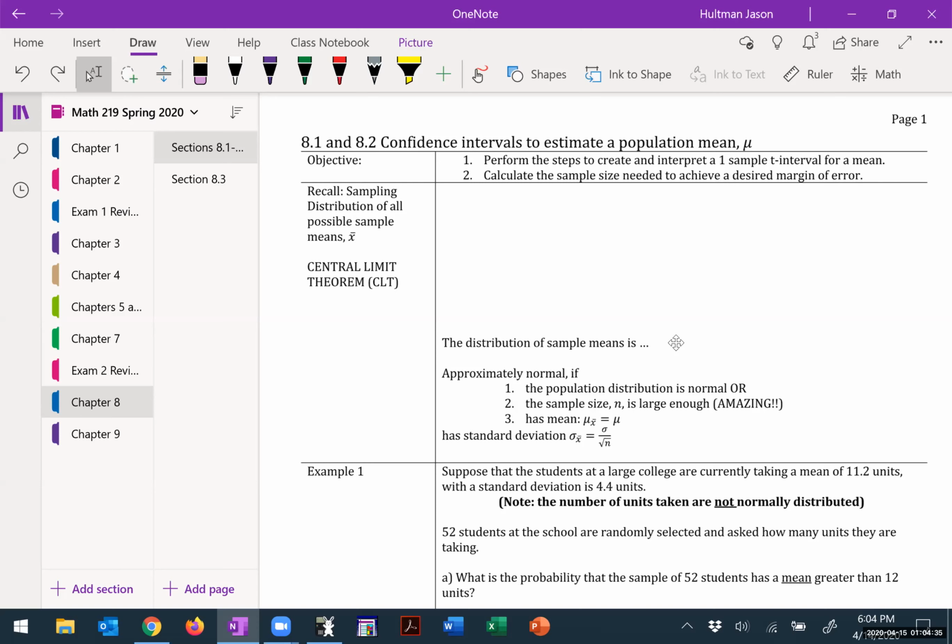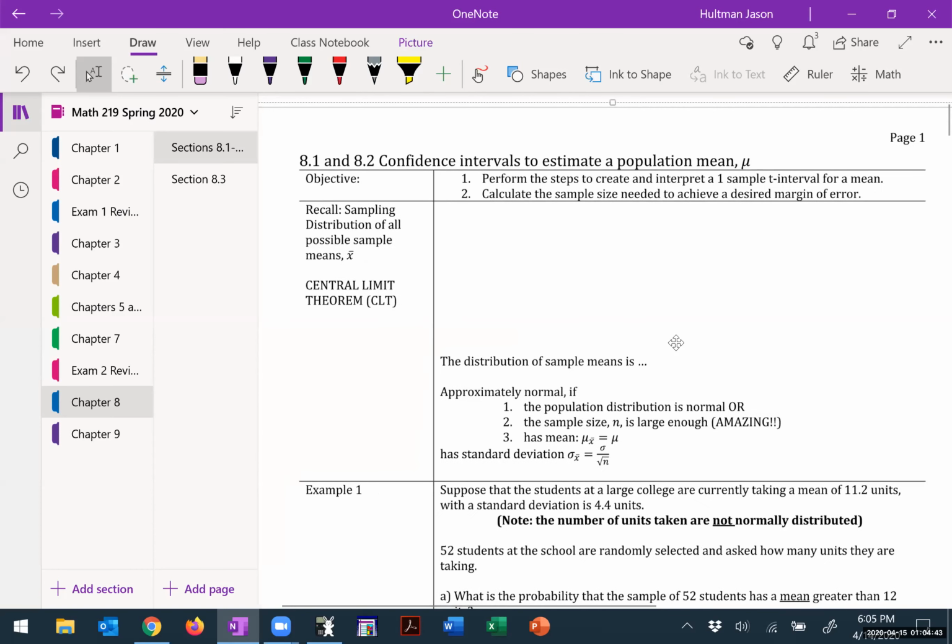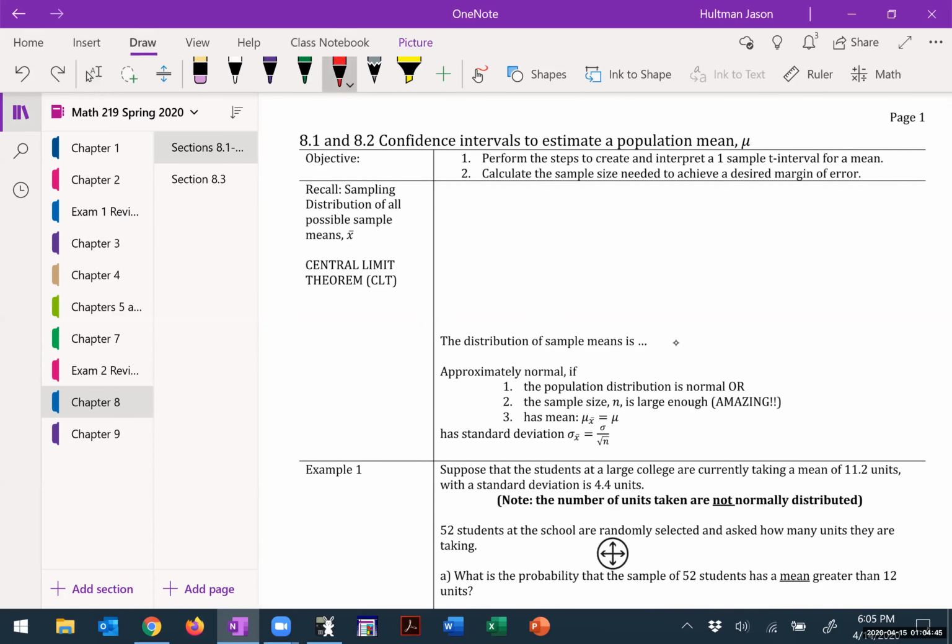Okay, recall the sampling distribution of all possible sample means. Remember we talked about all the sample means, plural. We would look at our population and take a sample of that population, and then average that amount.